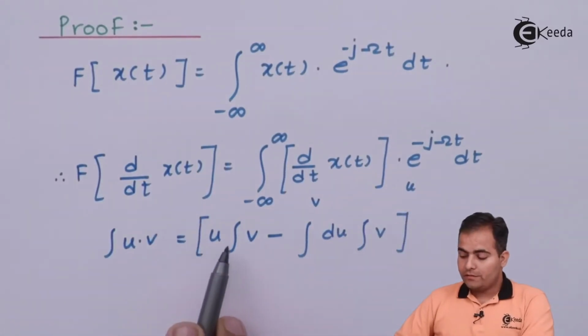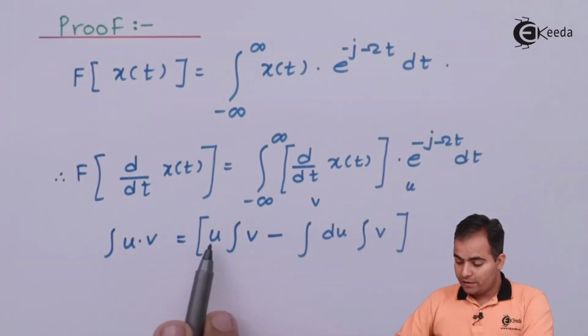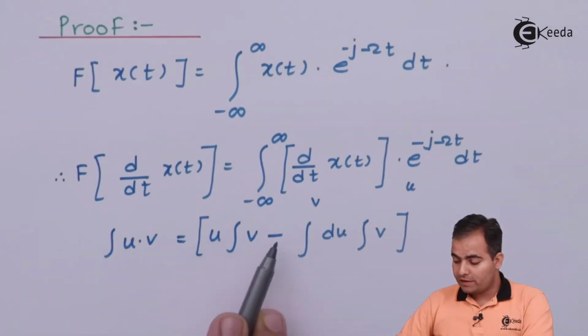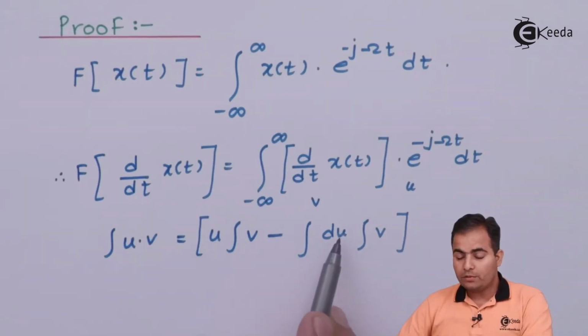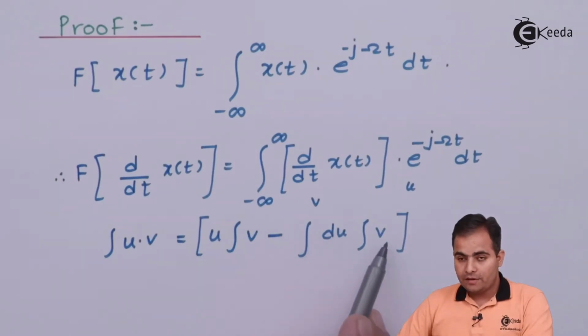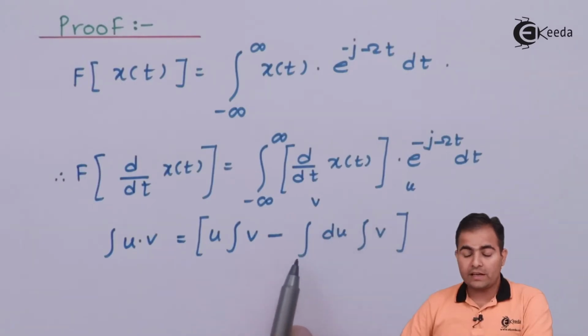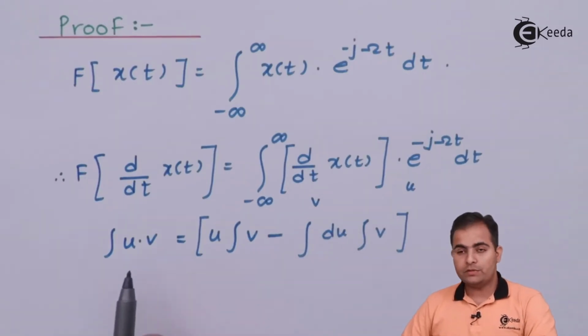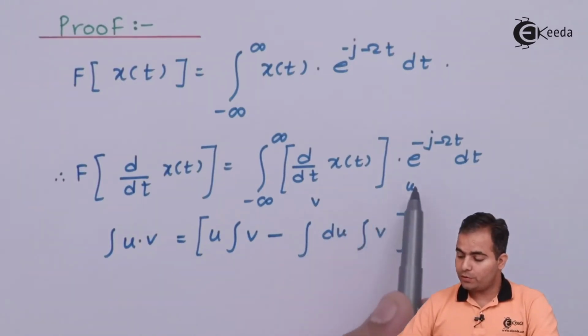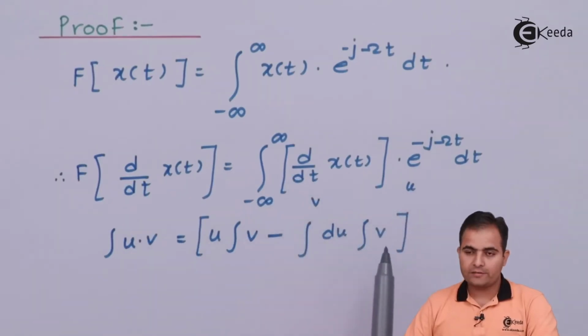first of all, v is integrated and u is considered as constant, and then we differentiate u and the whole result is again integrated. So we will use this formula. I'm going to substitute only the u and v values in this formula.